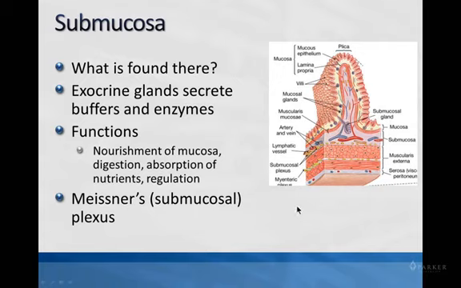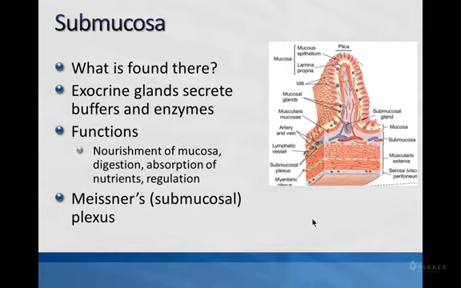The nerves will be involved in regulating various secretory processes. And what I want to introduce now, which is written in bold on the second page of your notes, is something called the submucosal or Meissner's plexus. They call it the submucosal plexus because it's right within the submucosa. It's also referred to as Meissner's plexus. This is a component of what we refer to as the enteric nervous system.